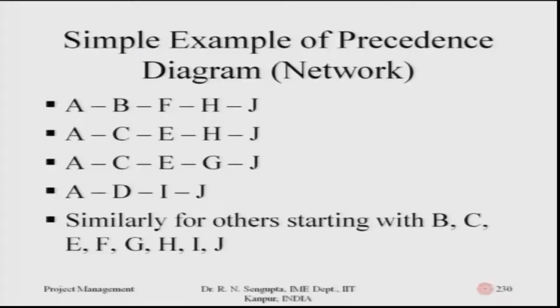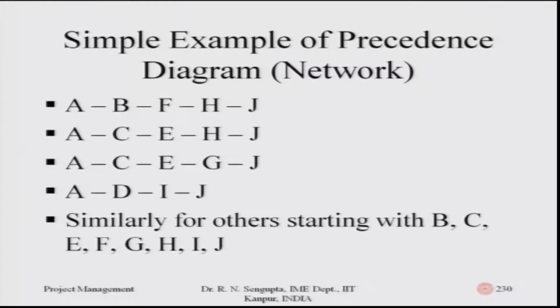B can only start after A ends, but that may not be the case for C. C can be such that C starts only after A starts. So the starting points of B and C are different, and D can, for example, start only after half of A is complete. How they are denoted in the diagram concept, I will come to later on.